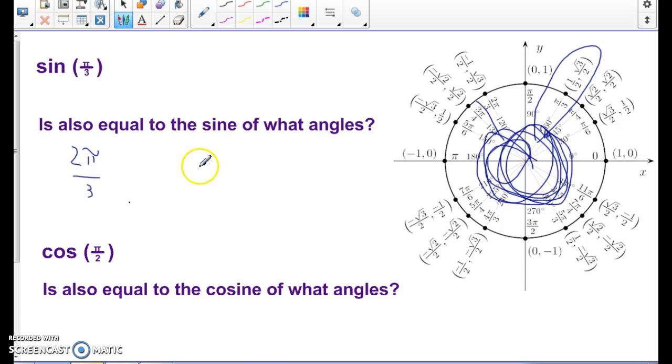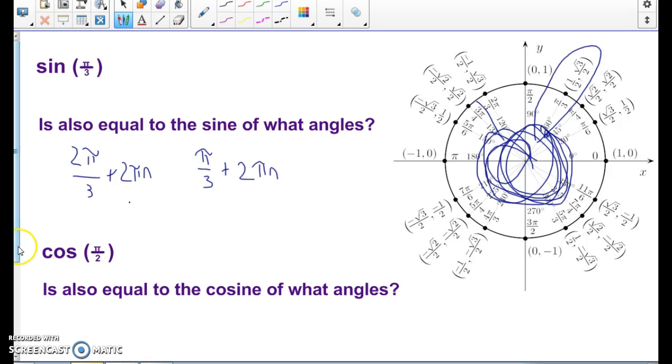So I say that the sine of pi over 3 is the same as the sine of pi over 3 plus 2 pi n. Therefore, I can make n 1, that's 1 full circle plus pi thirds, 2 full circles plus pi thirds, 3 full circles, etc. Similarly here, it's plus 2 pi n.